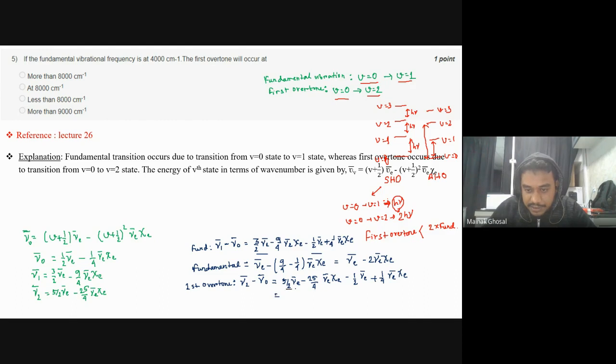Just a simple calculation: 5 by 2 minus 1 by 2. So I am writing one more line: nu e bar minus 1 by 2 nu e bar. You have to take this 25 by 4, not 251, this is 25 by 4 minus 1 by 4. You can see here there is a plus and I have taken minus common.